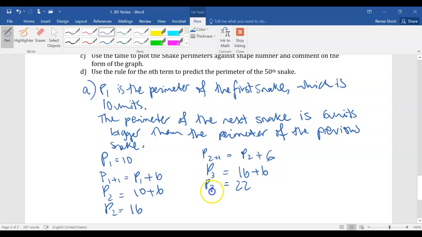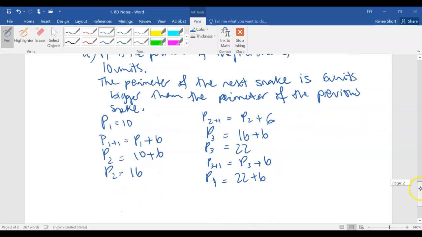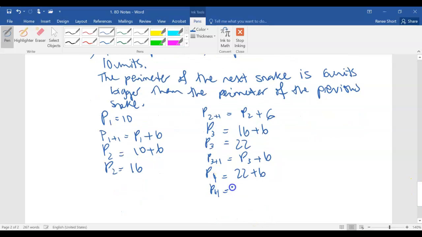We already counted that and worked that out. And if I do the last one, 3 plus 1, P4 is P3 plus 6, or the perimeter of the fourth snake is 22 plus 6, and that will then give us a snake with a perimeter of 28 units there. So my first 4 terms in this case are 10, 16, 22, and 28.